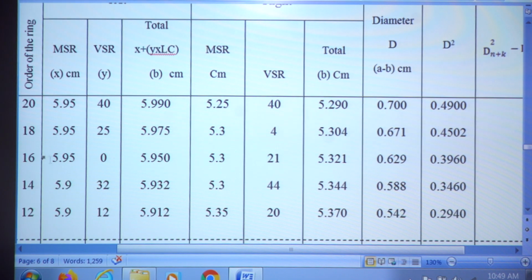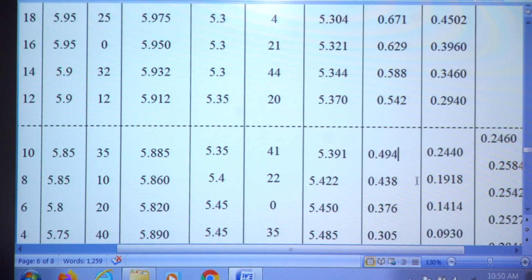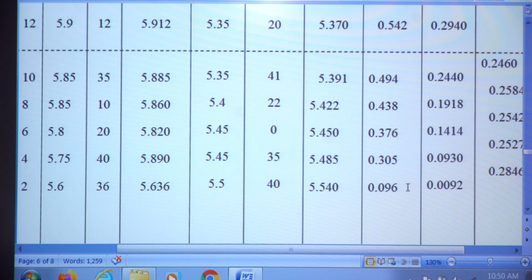Similarly, for the diameter of the 18th ring, the left reading is 5.975 centimeter and the right reading is 5.304 centimeter. So the difference is 5.975 minus 5.304, that is 0.671 centimeter. Similarly, the diameters of the 16th, 14th, 12, 10, 8, 6, 4 and second ring are determined.